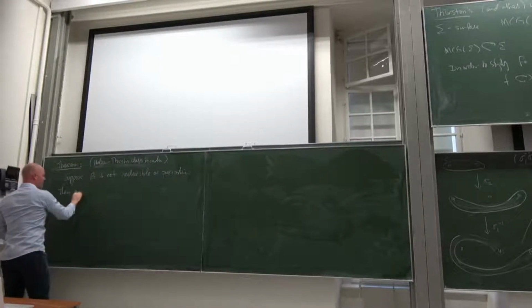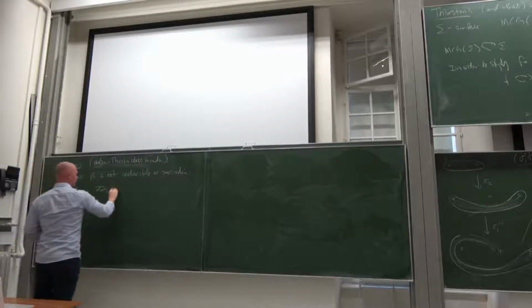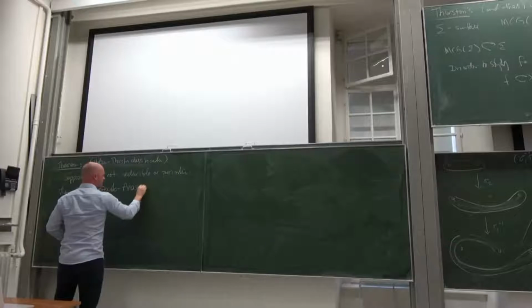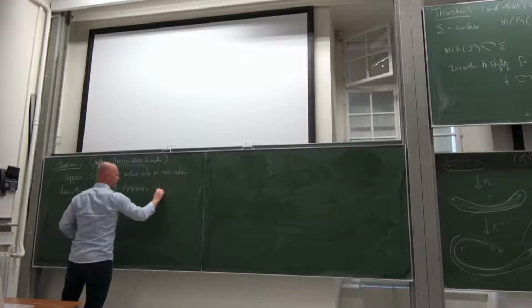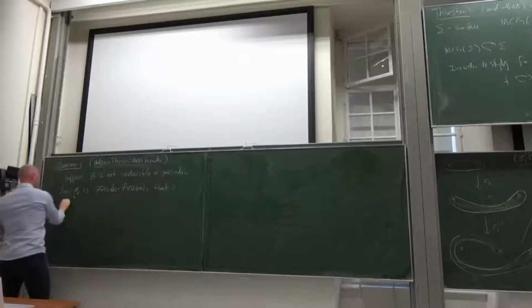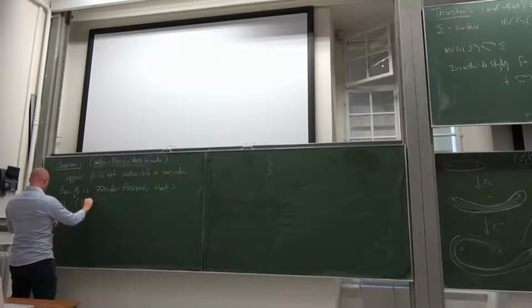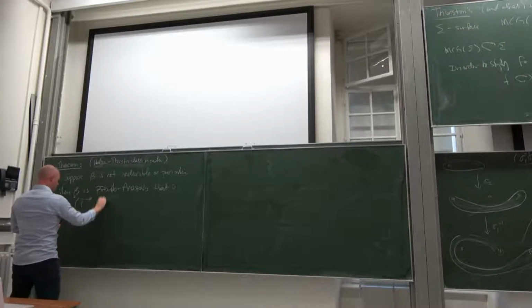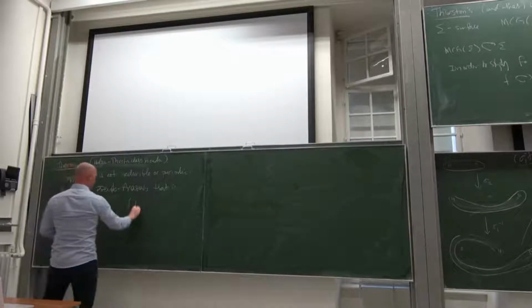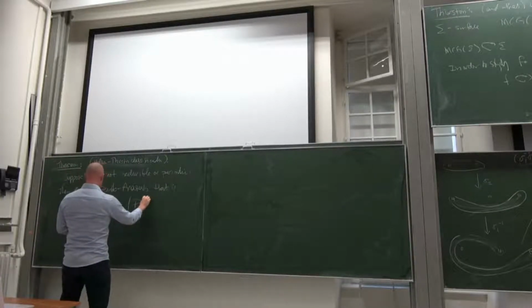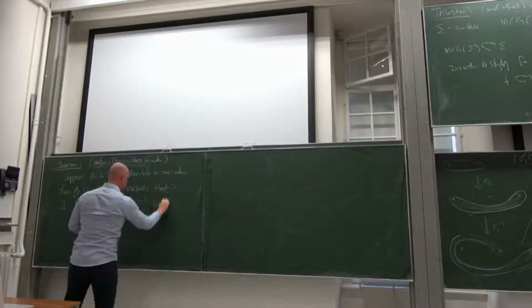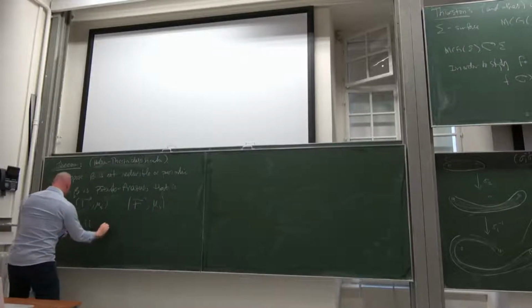Then beta is pseudo-Anosov. That is, there exists a pair of transverse measured foliations of the surface. So I'll write down what it means. So beta of F_u, lambda. So maybe.